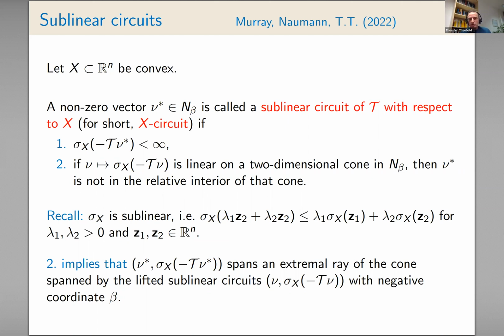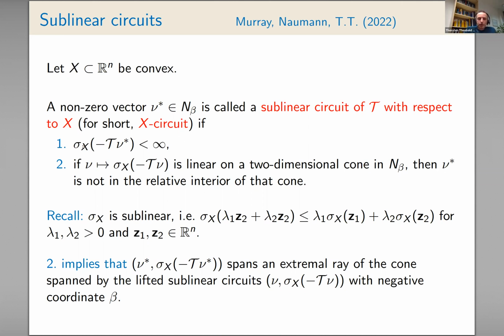Okay. Now the main new definition comes. What is the analogon of a circuit? This is called a sublinear circuit of T, or for short, an X-circuit. We call a non-zero vector ν* in this set N_β, so all the components of this vector are non-negative up to the component β, which is allowed to be negative, and all the components sum to 0.